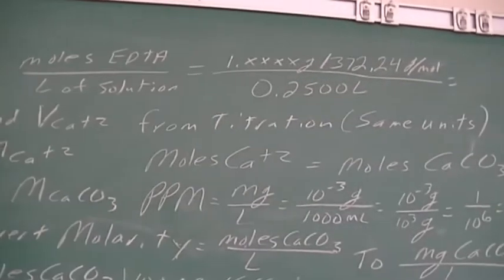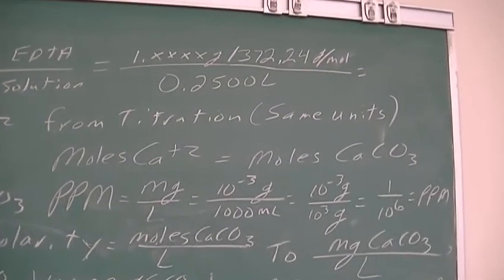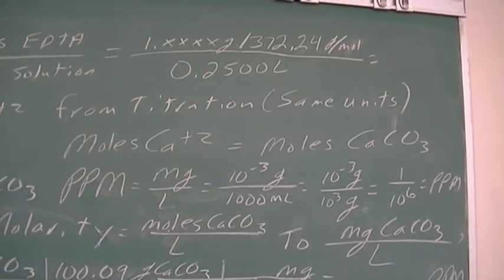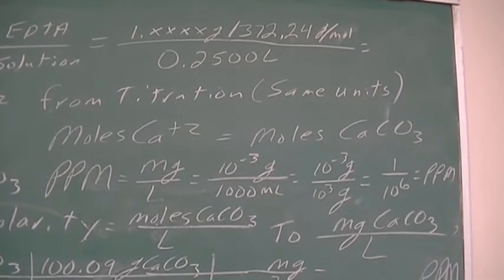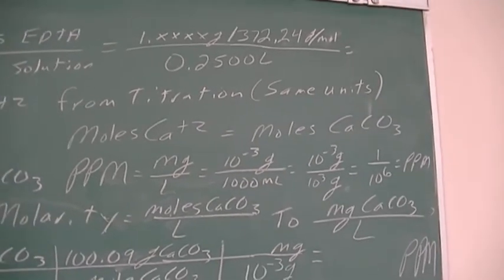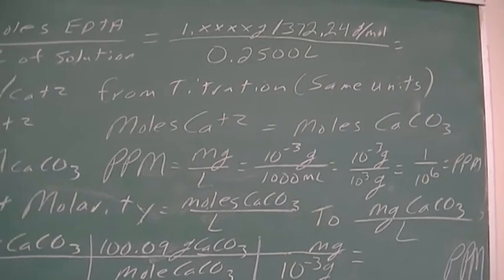Alright, and again, for this hardness of water, we are going to assume that all of the calcium plus 2 came from calcium carbonate. And so the moles of calcium plus 2 equal the moles of the calcium carbonate. There is 1 calcium in the calcium carbonate. And so that was all going to the calcium plus 2 in the hard water.